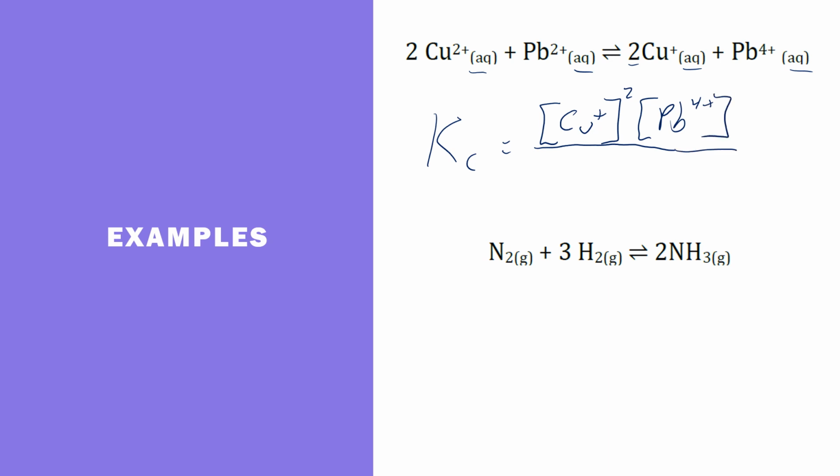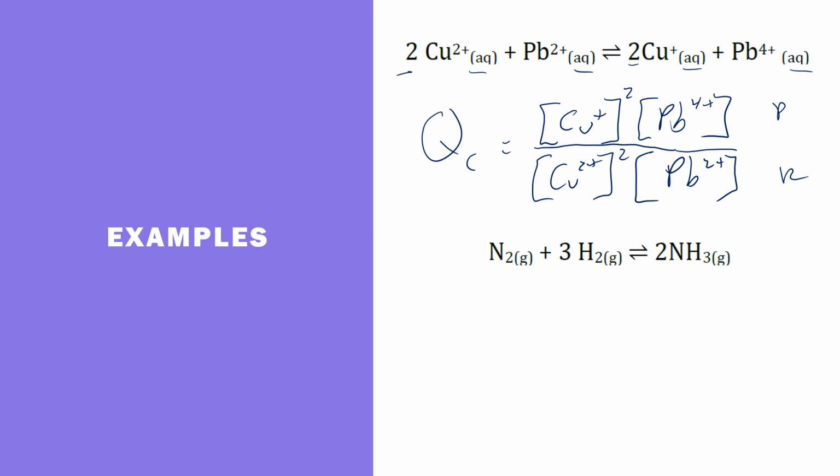And on the reactant side, I have my copper 2+ ions, and that coefficient becomes an exponent. And then I also have my lead 2+ ions. So products over reactants, and that is my equilibrium expression. Now if I change it to Qc, it's my reaction quotient expression. But for the most part, you're going to just be asked to write the equilibrium expression.